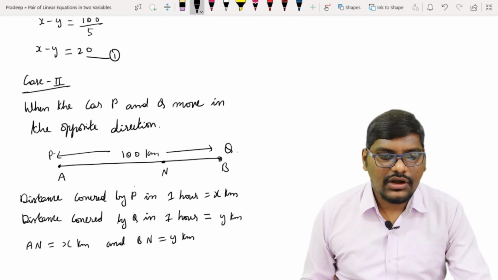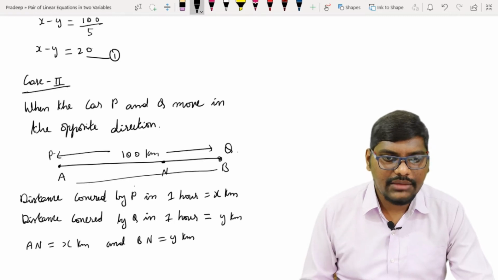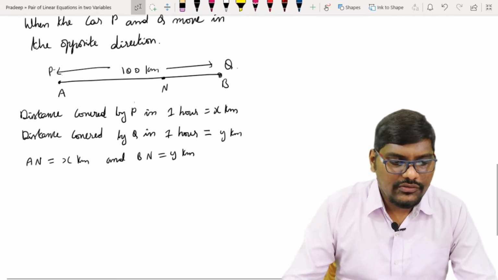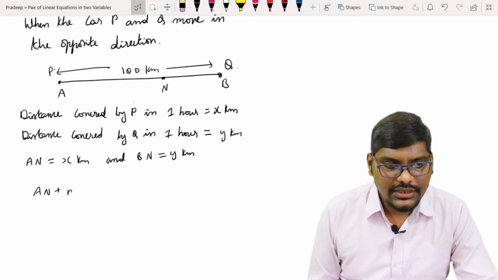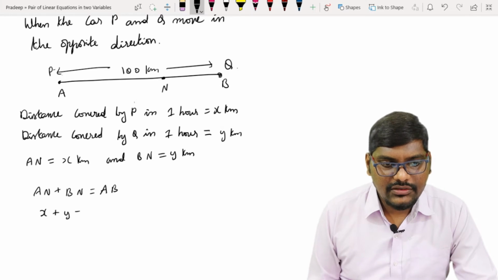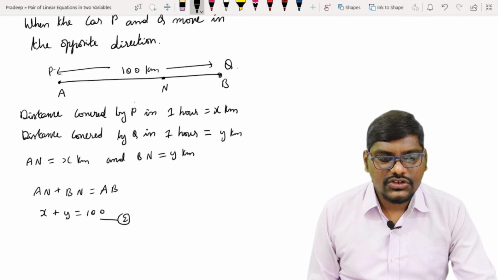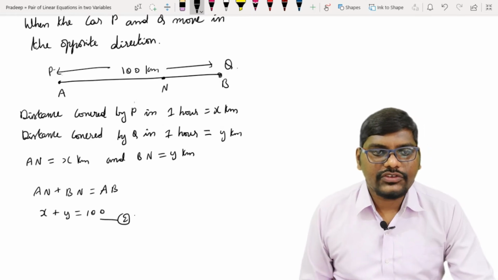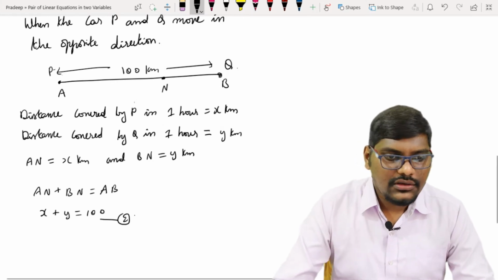So now what about this AN plus NB? That will be giving the complete AB, right? So we will write here AN plus BN, that is giving us AB. AN is x, whereas BN is y, AB was 100. So this is equation 2. Okay, if we solve equation 1 and equation 2, we'll be getting the solution.